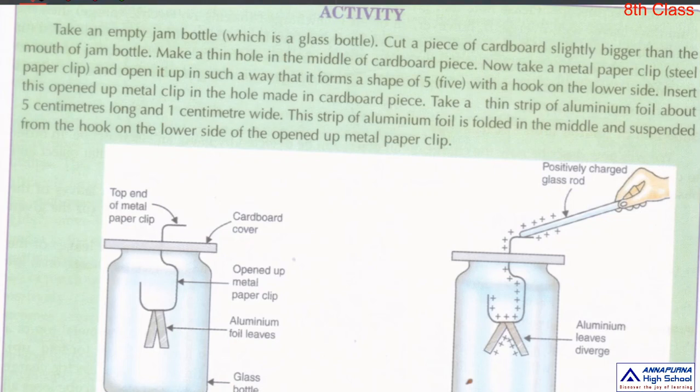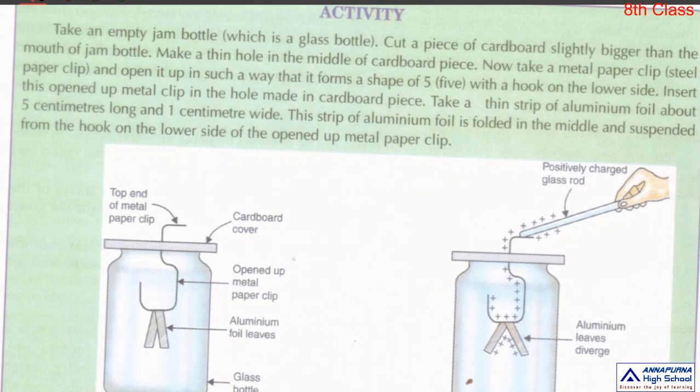Already we know how to make a tester. In the same manner, to know whether charge is present on the outer surface of a rubbed body or not, we use a device called an electroscope.